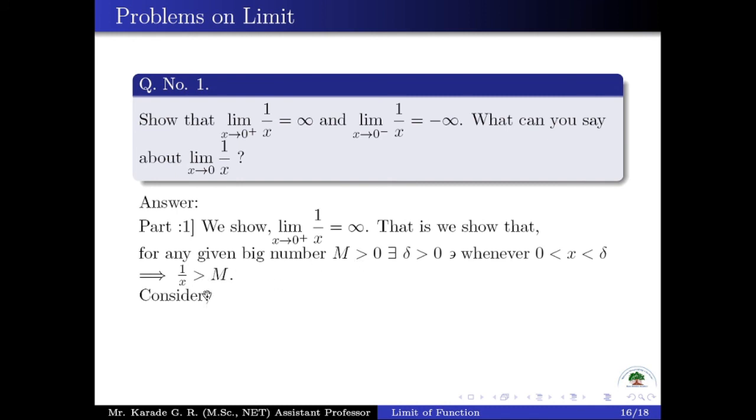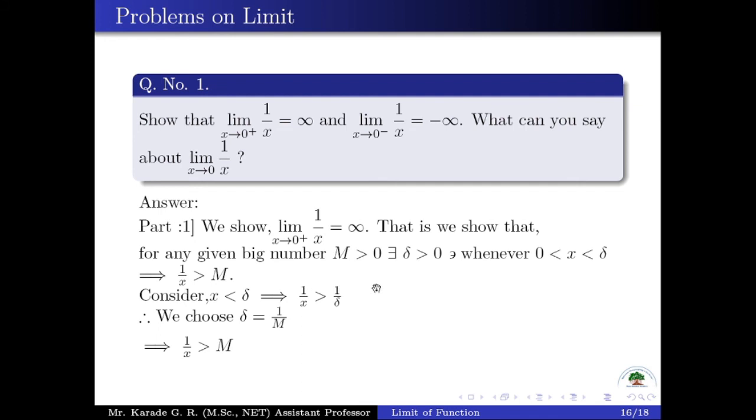So how to show? See here, as given, x is less than delta, therefore if I take the reciprocal, the inequality will get changed. 1 upon x will be greater than 1 upon delta, and therefore we choose delta equal to 1 upon m. If I choose delta equal to 1 upon m, then we have 1 upon x greater than m. So there exists delta, that we have to show.